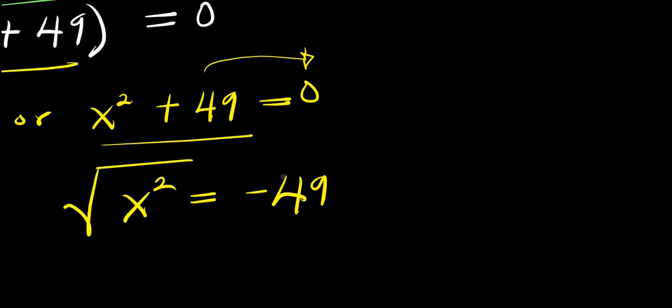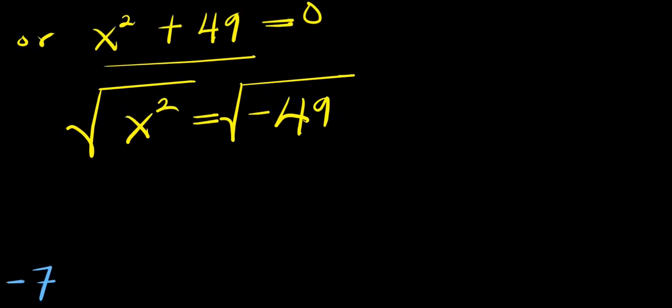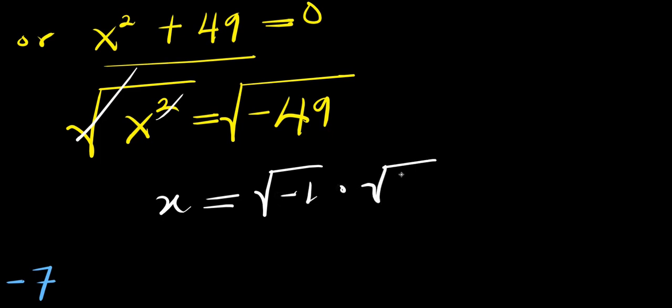I take the square root of both sides of this equation. This cancels this. I have x equals square root of negative 1 times square root of 49. Square root of negative 1 is i, times plus or minus 7.